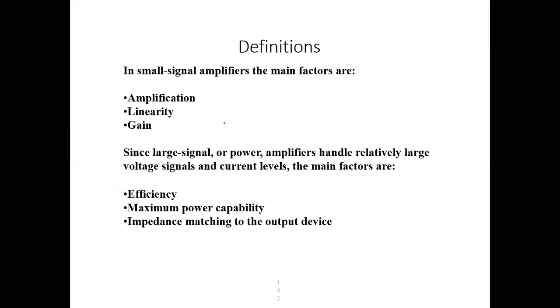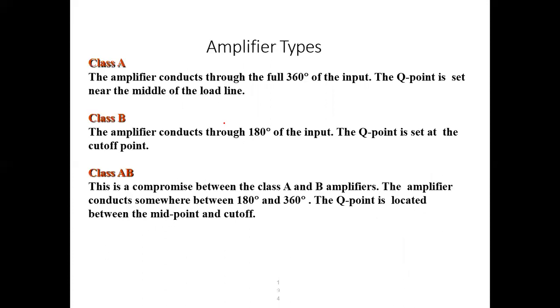Next is the power amplifier. In small signal amplifiers, the main factors are amplification, linearity and gain. Since large signal or power amplifiers handle relatively large voltage signals and current levels, the main factors are efficiency, maximum power capability, and impedance matching to the output device. There are three power amplifier classes: class A, class B and class AB.